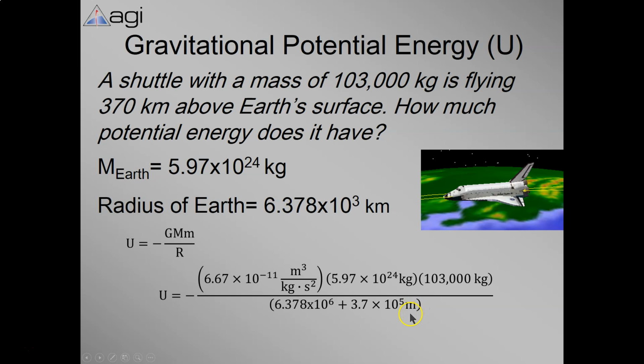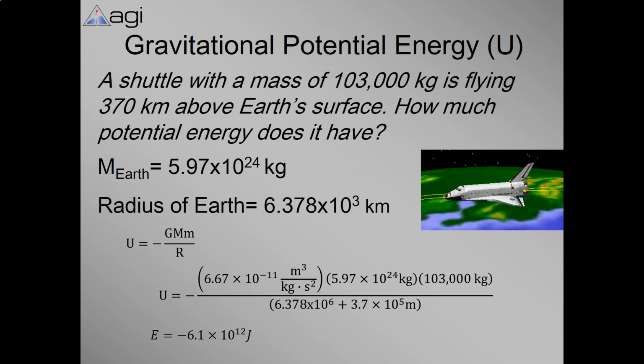Remember, that is the 370 kilometers above the Earth's surface that the space shuttle's orbiter is. So we have to get this into meters so that it cancels out this meter here. Okay? Or at least so that it cancels out some of it. Let's keep going.